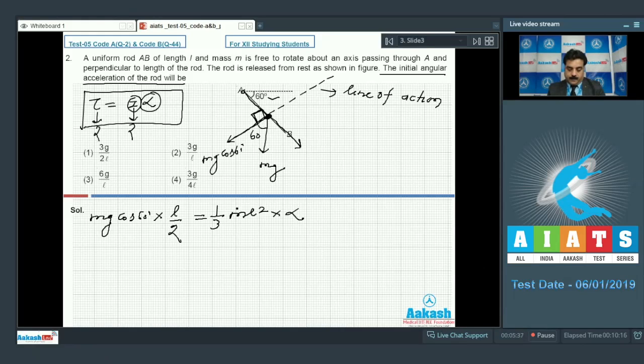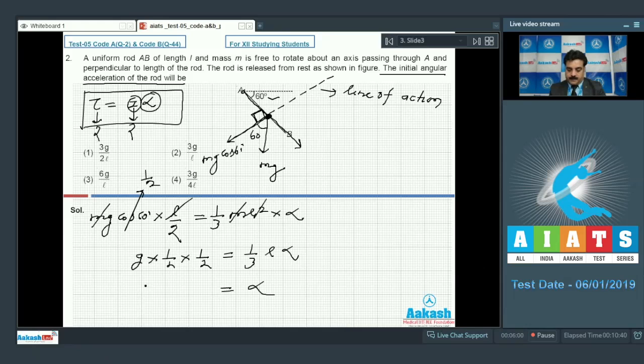When you calculate, mass will cancel out. The value of cos 60 is 1 by 2. By taking a small calculation, you will get g into 1 by 2 into 1 by 2, because L square cancels with L, so I have 1 by 3 L into alpha.